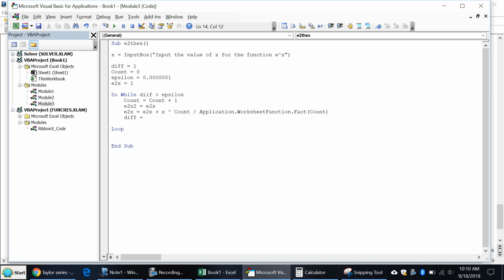And then I'm going to say diff is equal to ABS, which is just the absolute value, the positive value, of e2x2 minus e2x. Okay? And then I'm going to come down here and say MsgBox, message box. I'm going to make it say something meaningful.